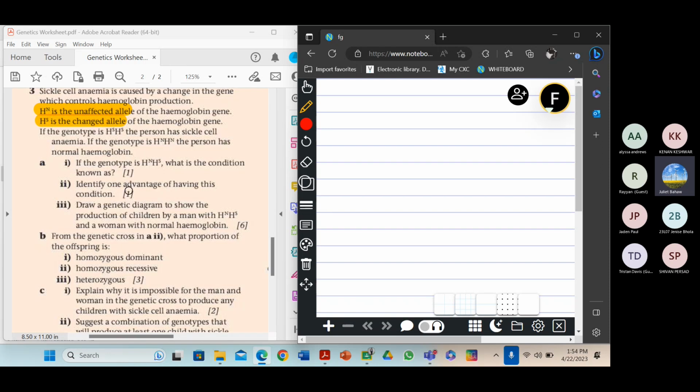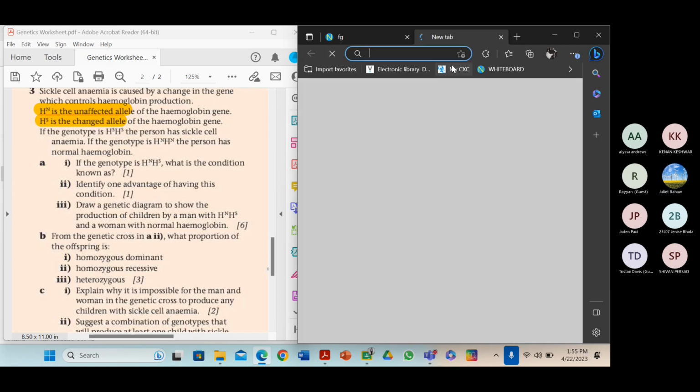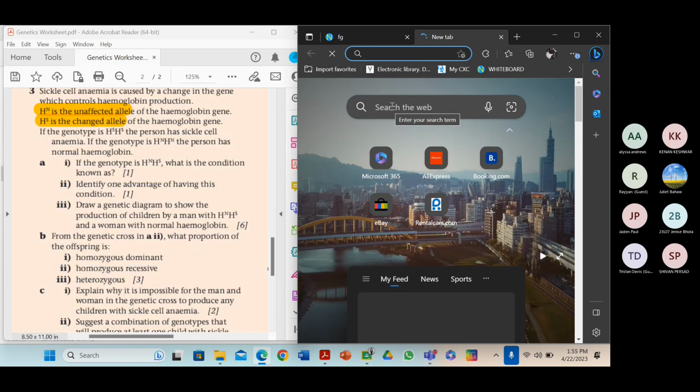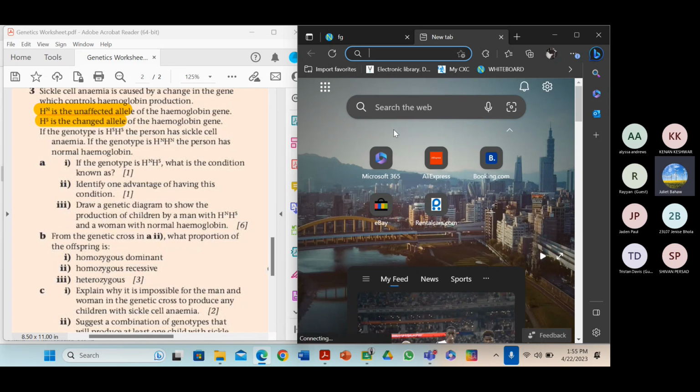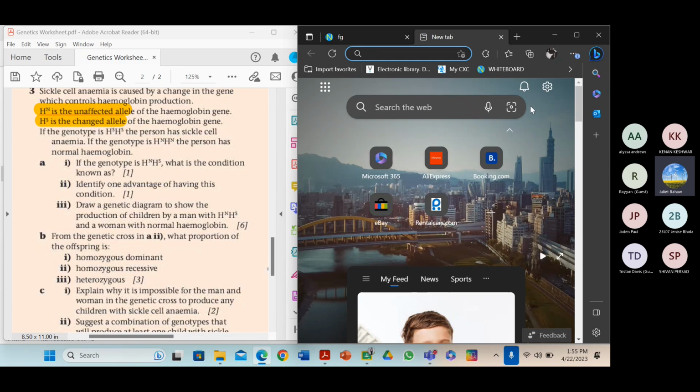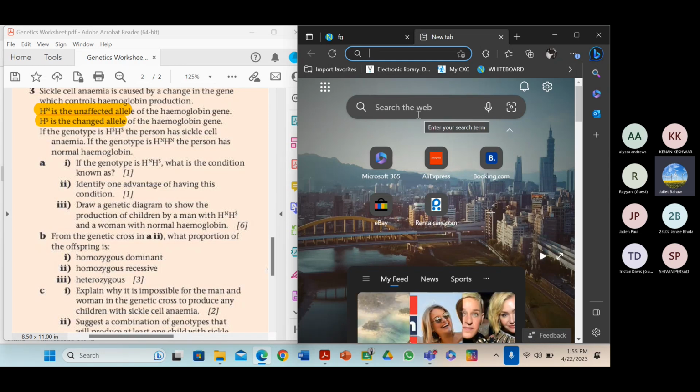Right. So what did you all come up with? I came up with one advantage: a higher chance of surviving malaria fatality. Yes. Now, in places where there's a lot of malaria cases, like Africa, the Caribbean, the tropics, they tend to have a lot of those mosquitoes.